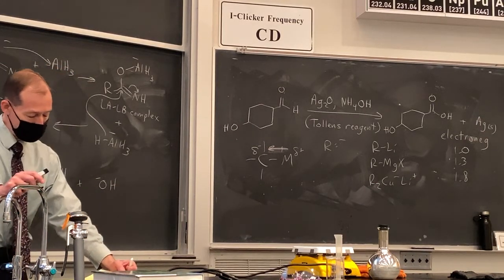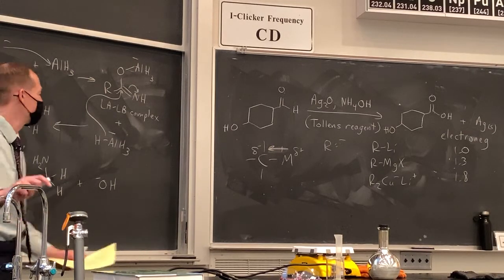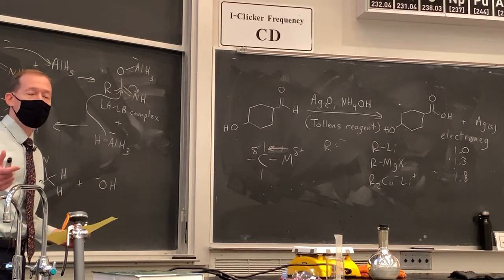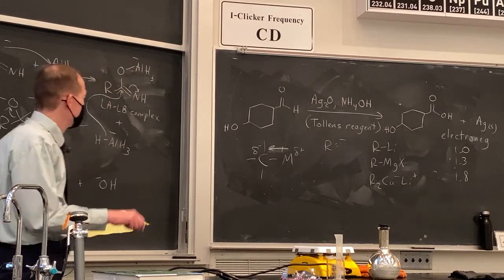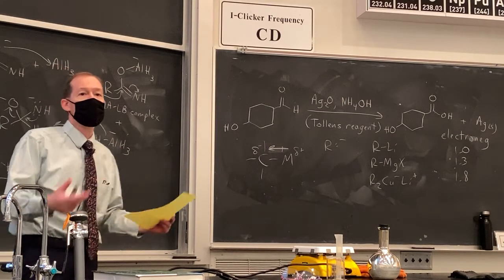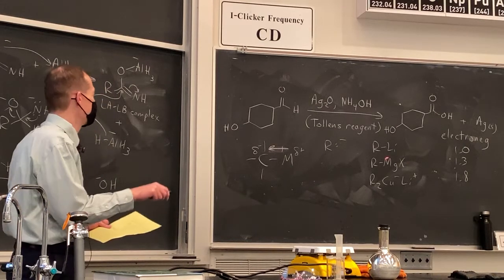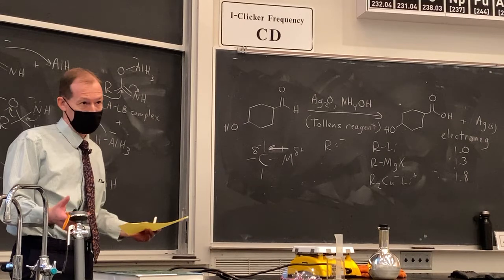For practical purposes, especially for the reactions we are learning in class, the difference between the organolithium and the organomagnesium reagents is negligible. So these two reagents are going to react the same in all the reactions we're learning in class. Okay, this difference is not going to be enough to cause them to behave differently from each other.